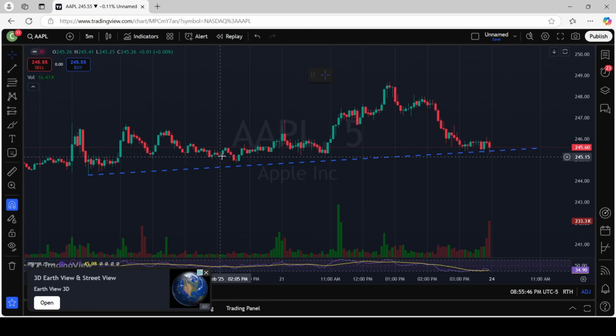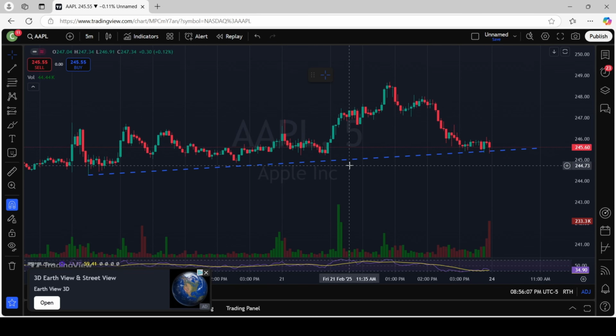You can use this trend line to see where the candlesticks are trading for support. Remember, support is where stocks tend to trade to, and it holds that trend line and goes up.